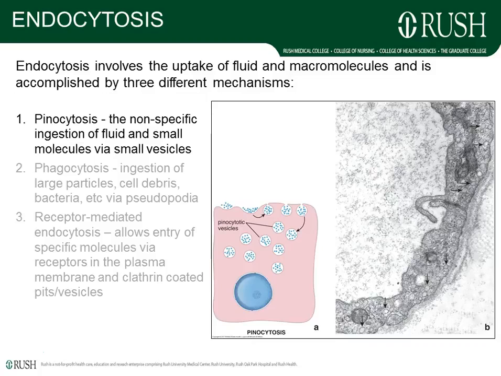The micrograph to the far right has little arrows showing small pinocytic vesicles right underneath the plasma membrane. And this is very commonly seen. This is actually in a capillary, so you're seeing things being transported across the cell via pinocytosis.